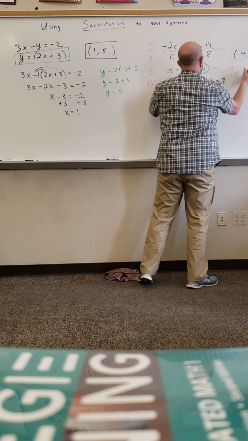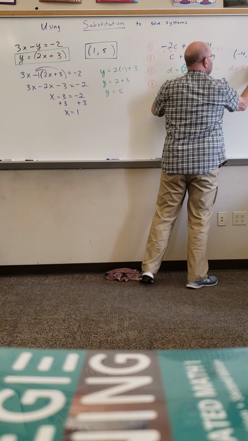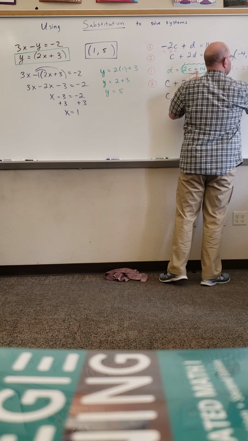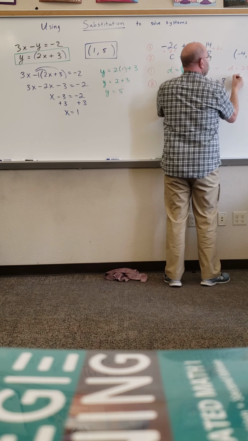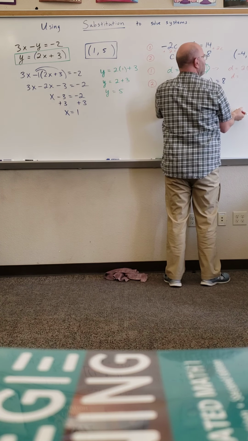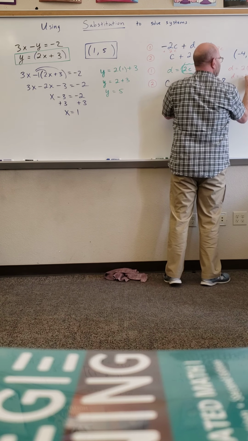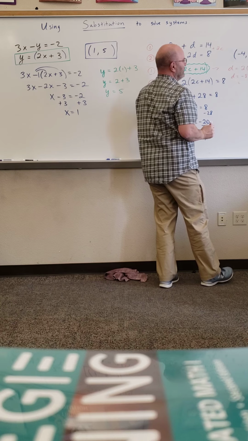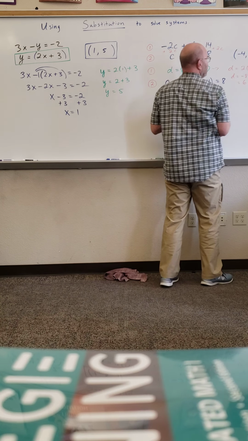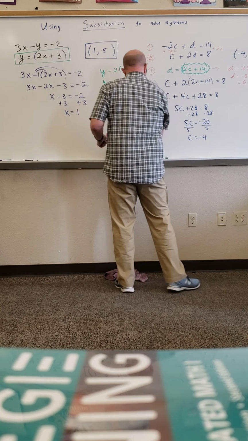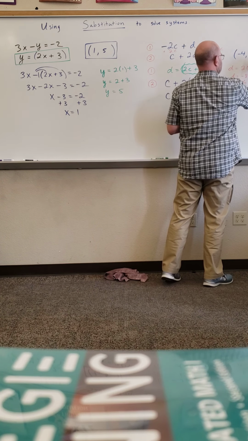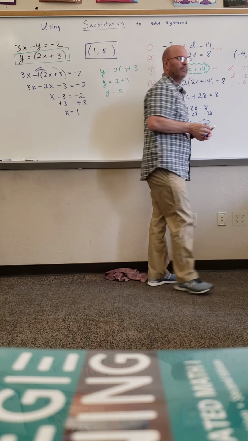I have my 2, the c value is negative 4, notice the parentheses, plus 14. So we're almost done with this problem. We have d equals negative 8 plus 14, and negative 8 plus 14 is 6, I think. So therefore, it looks like these two lines are intersecting at the point negative 4, 6.